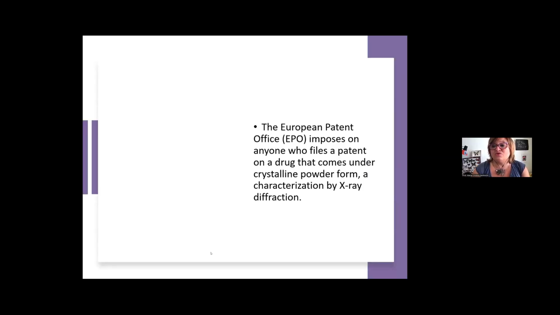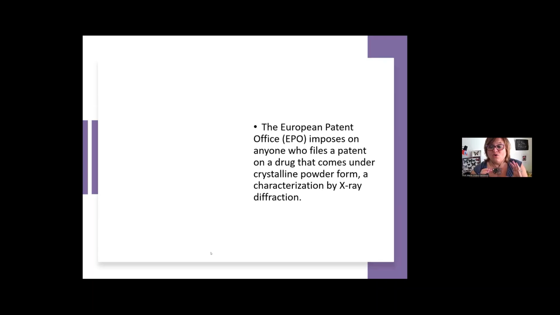Also the European Patent Office requires pharmaceutical firms to patent new polymorphic forms. And a patent means you have to crystallize and characterize with these techniques. I'm going to talk about results with one technique; usually I use more than one.